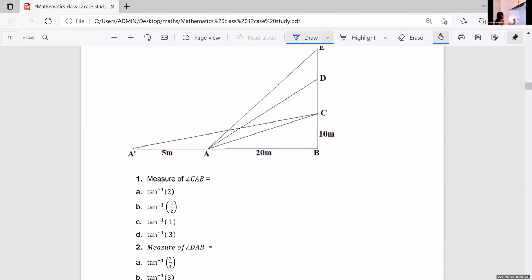Consider this triangle CAB. CAB means this angle you have to find. With respect to this angle, which of the sides are given here?